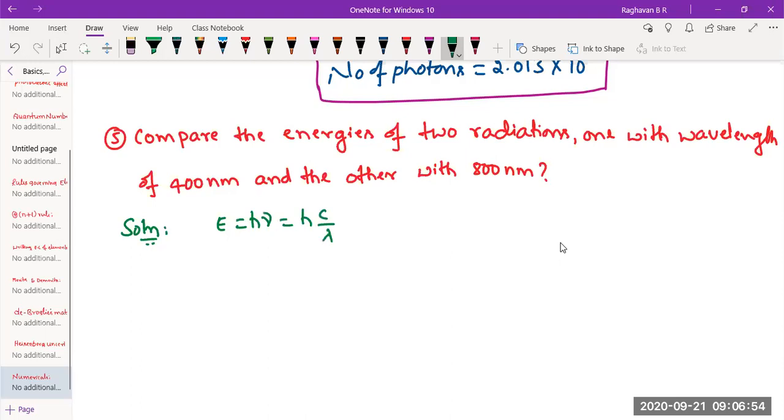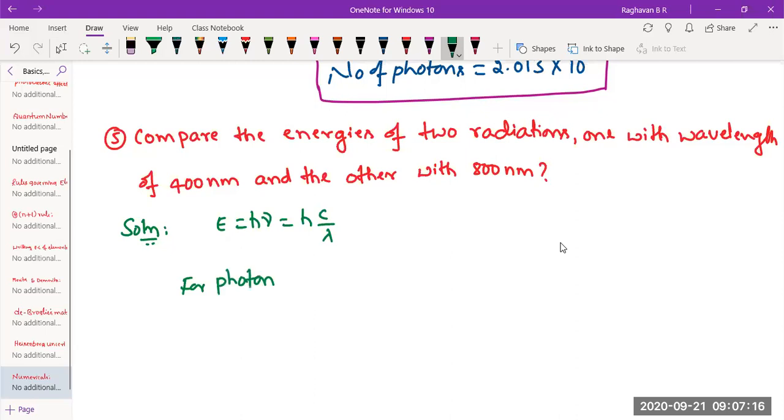Correct? The ratio of the energy is 1:2 or 2:1? 2:1, sir. E1 is to E2.